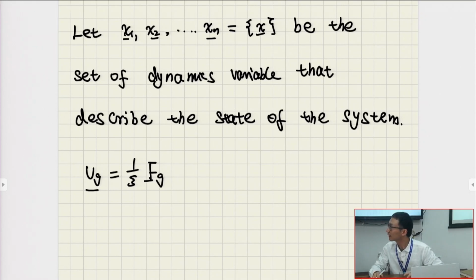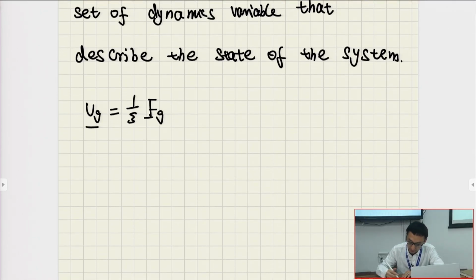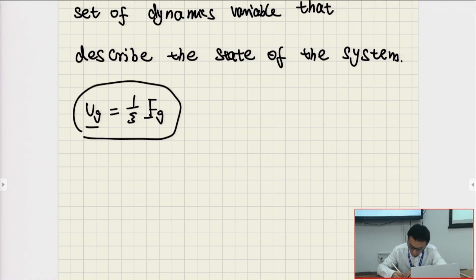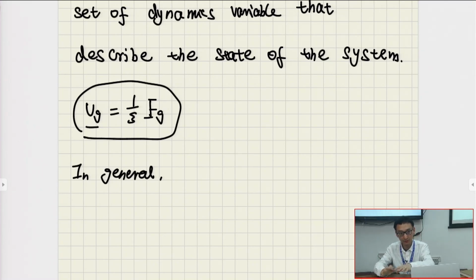Okay, suppose we have n coordinates, and we call these dynamic variables, and they describe the state of the system. In the case of one particle, we have just the following relation, but in general we can have the same kind of relation generalized to more coordinates.